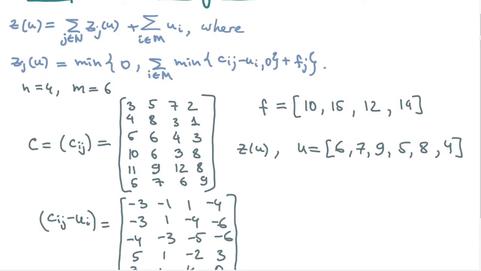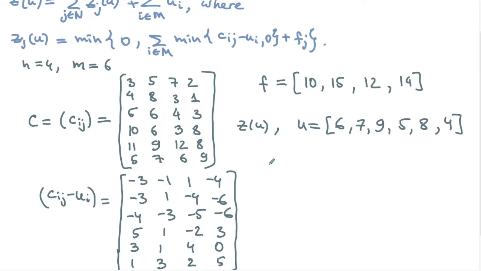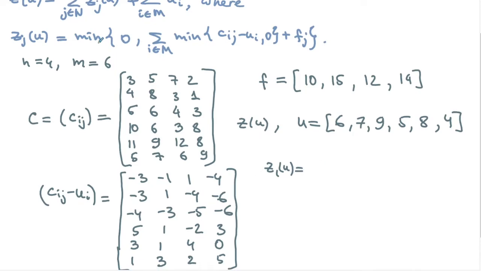Now we are ready to compute zj's of u. Okay, so for z1 of u, we have the minimum of 0 and the summation of the negative entries in the first column plus f1, which is 10. So this is what we have, the minimum of 0, and then the summation of the negative entries gives us negative 10, plus 10 is 0, and the minimum is 0.